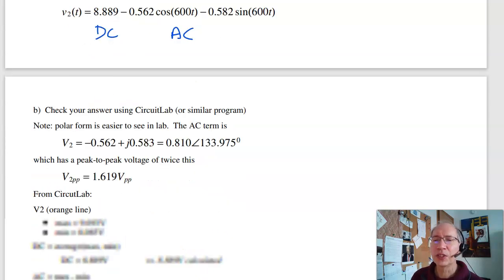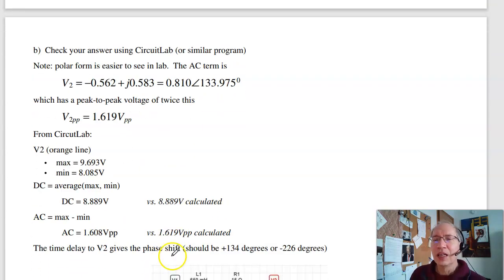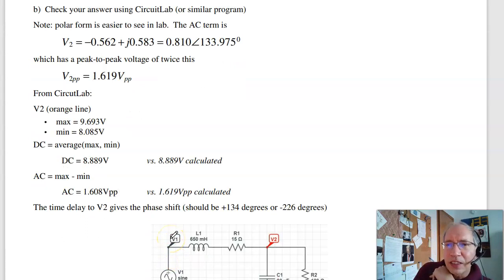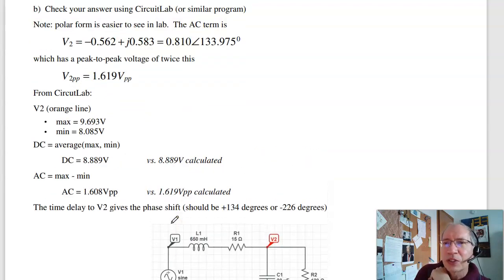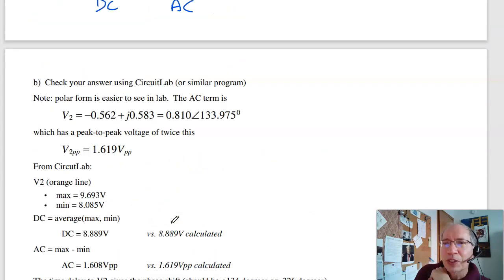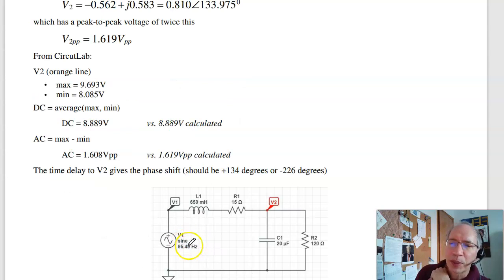And in CircuitLab I can check. Let's see. If I build this circuit, double click on this, the DC term is 10 volts. The AC term was 4 volts peak. Frequency is 600 radians per second, which divided by 2 pi is 95.49 hertz.